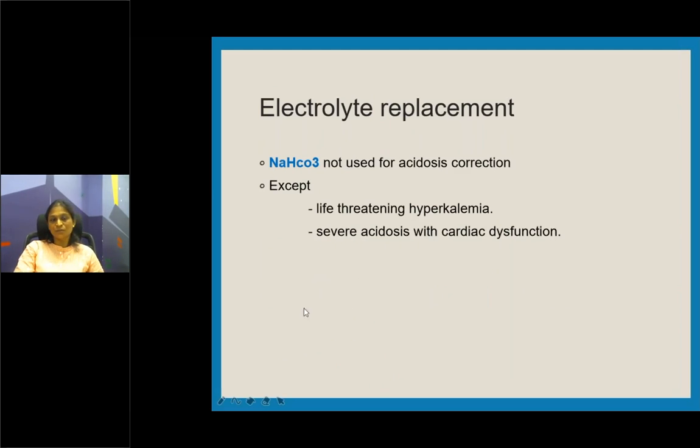The last electrolyte, soda bicarbonate. Because there is severe acidosis in DKA, it does not mean that we have to give soda bicarb. The acidosis is because of excessive ketone production. So the way to correct acidosis in DKA, we all have understood, is restoring the circulatory volume, and also treating the hyperglycemia with insulin.